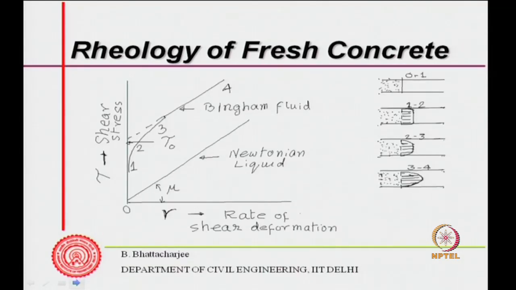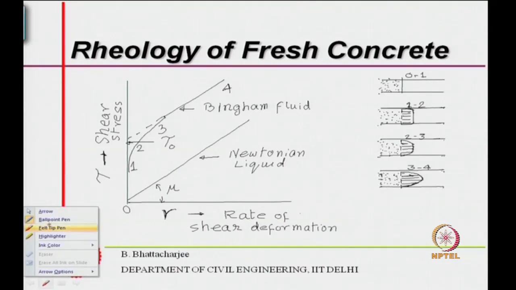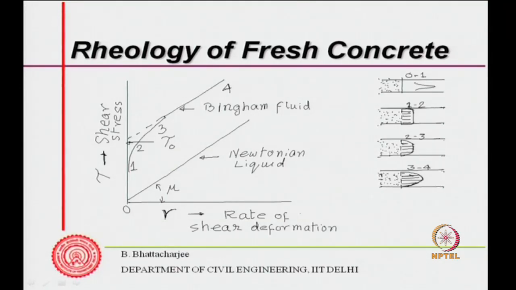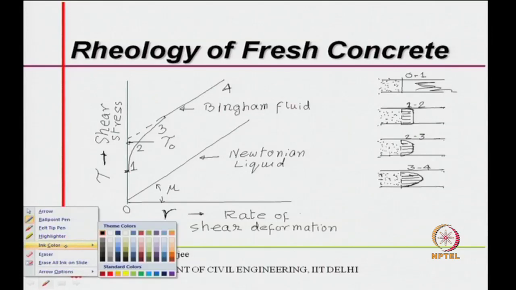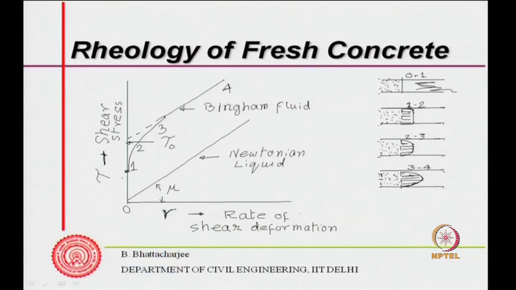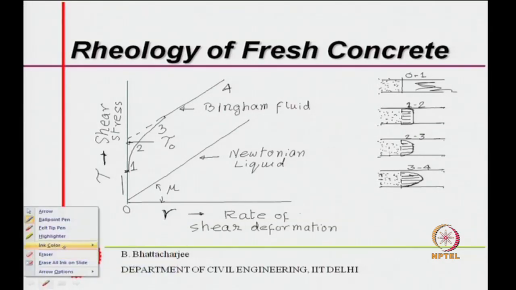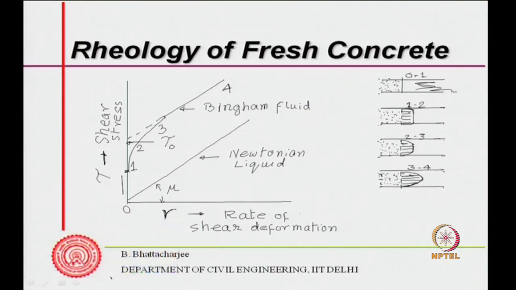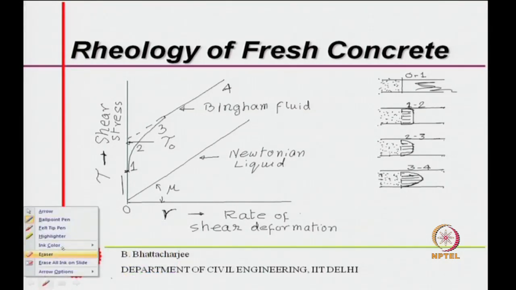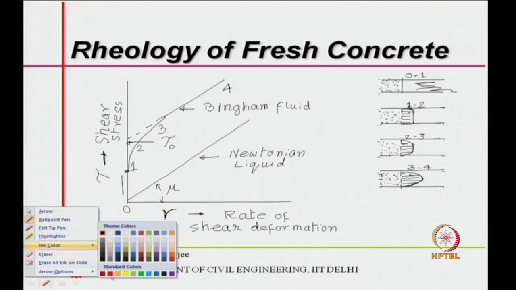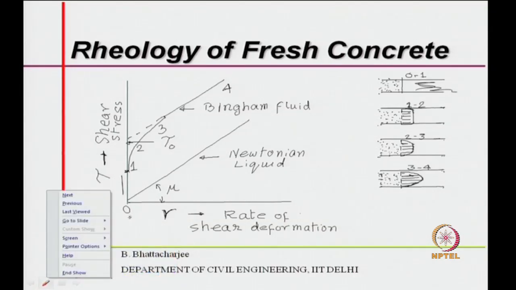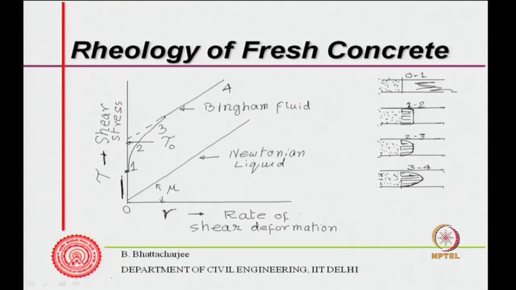So, if I look at this particular situation, this is for solid. Up to this point it does not move, and beyond this point it is behaving like a solid.